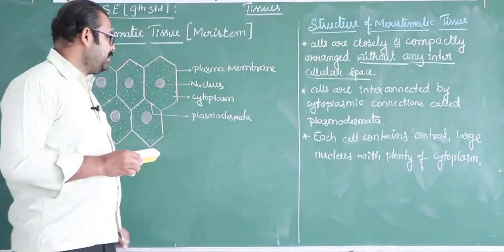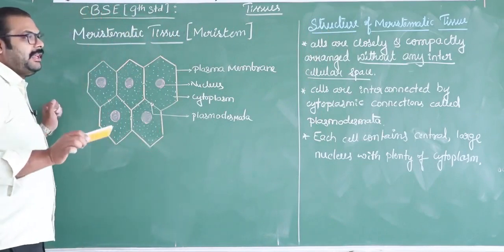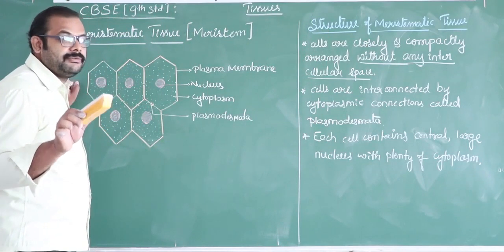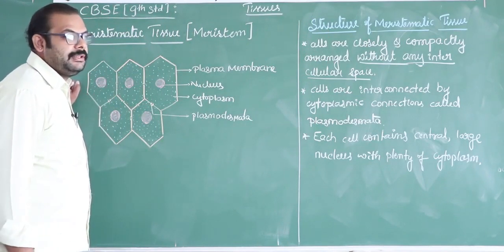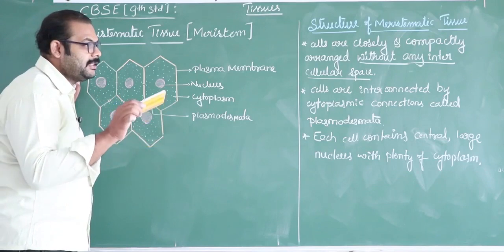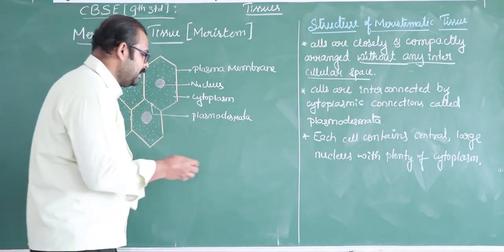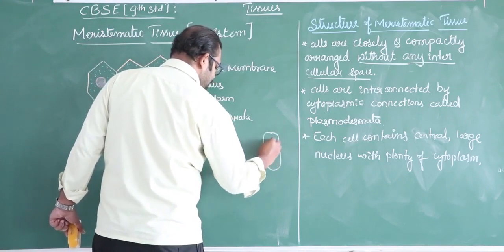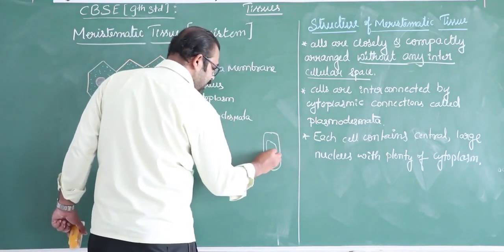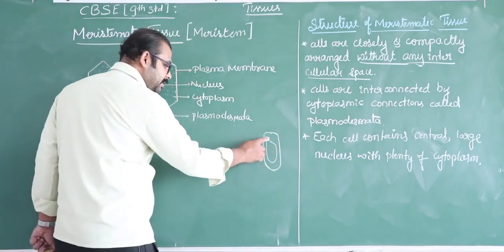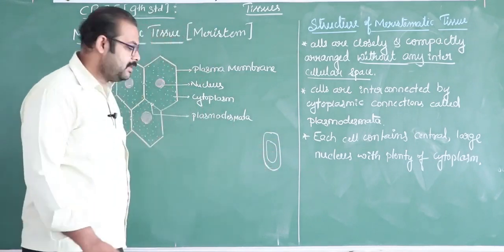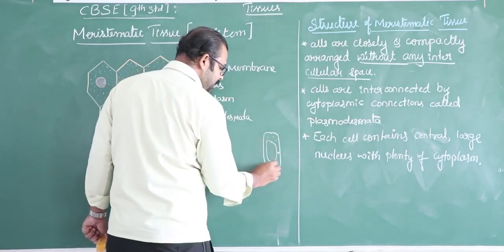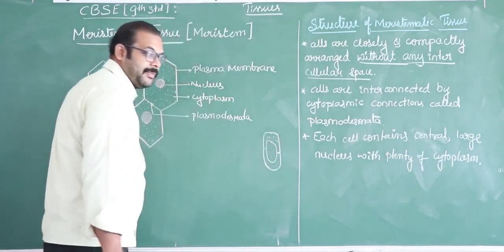Then you observe that usually plant cells are mainly identified by the presence of a vacuole. Vacuoles are empty spaces present in the central part of the cell. So let's recall once again: if you consider a plant cell, the center is the vacuole. As the major portion of the cell is covered by the vacuole, the nucleus and cytoplasm are present in the periphery, right?